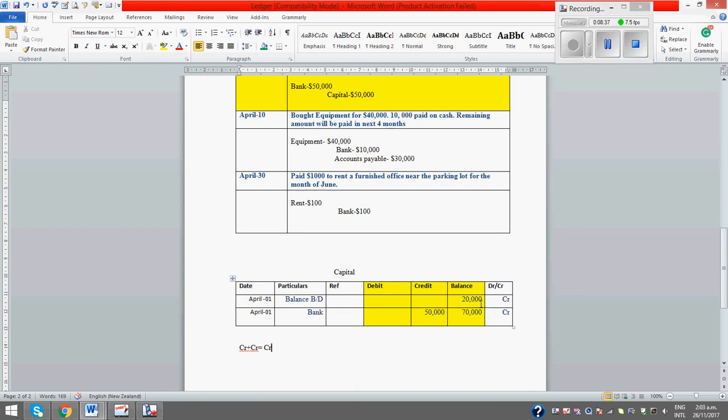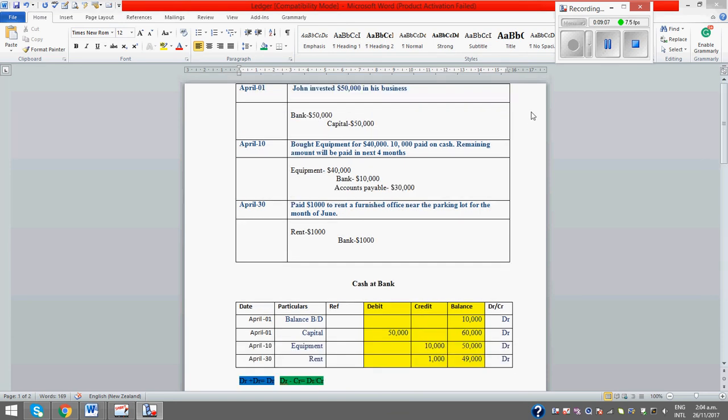Similarly, if you see debit, then it will be minus. But remember, if debit side is greater than credit side, then the balance would be debit. If credit side is greater than debit side, the balance will be credit.